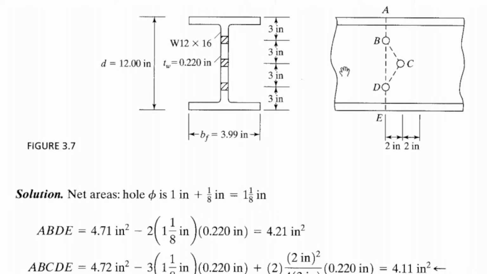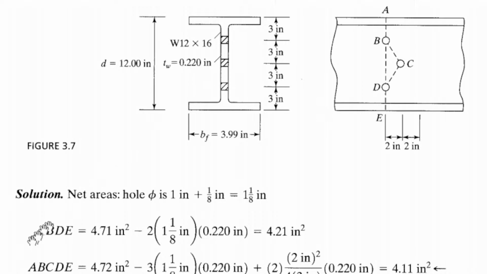The lesser amount of area is the weakest link. So this may be the weakest link, or this may be the weakest link. So there are only two. Let us start with A, B, D, E. That is the reason why we are taking a look at these two paths, because we want to predict at which path this section will fail.